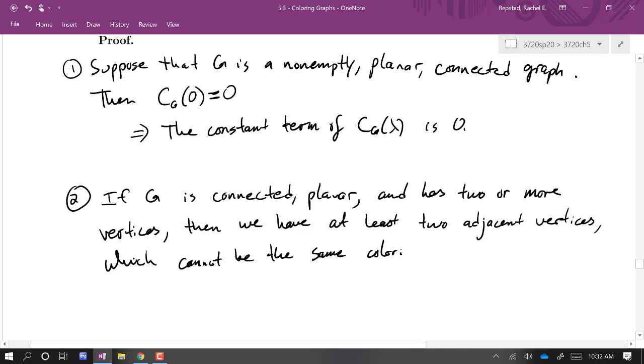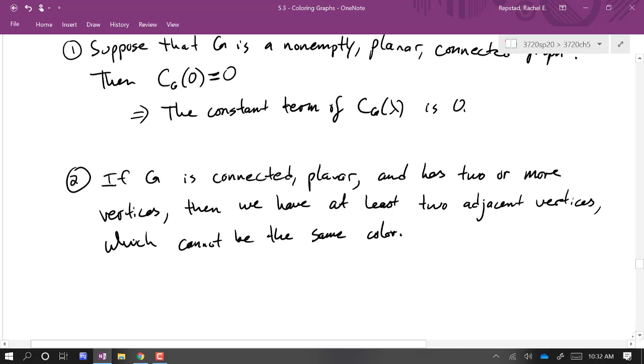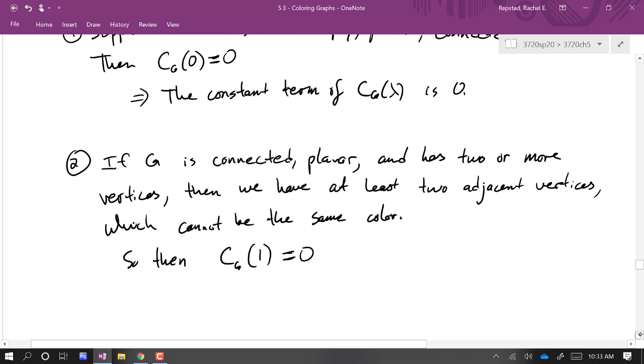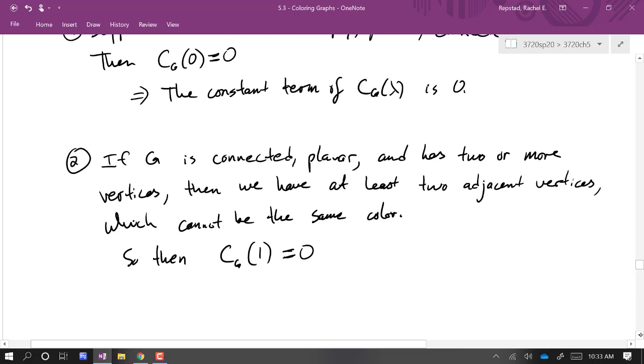That means that if I have only one color available, I can't color the graph. And the way we write that using the chromatic polynomial is that C_G of 1 is equal to 0, right? If I plug in 1, there can be no ways to color it.